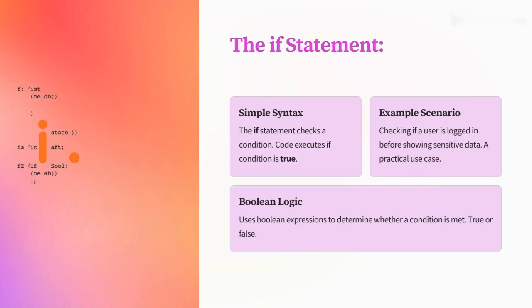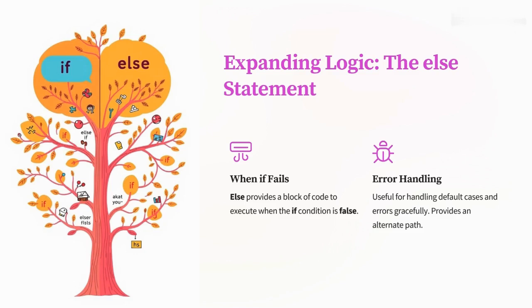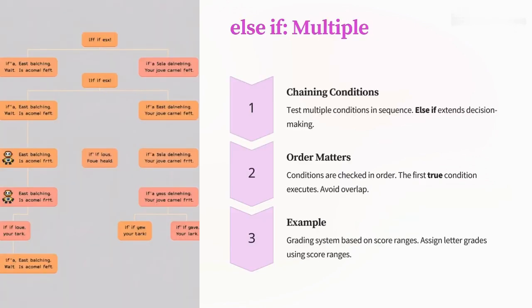The if statement evaluates a condition and executes a block of code if the condition is true. The else statement follows an if statement and is executed when the condition in the if statement is false. When you have multiple conditions to check, you can use else if between if and else. It allows you to check multiple possible conditions.